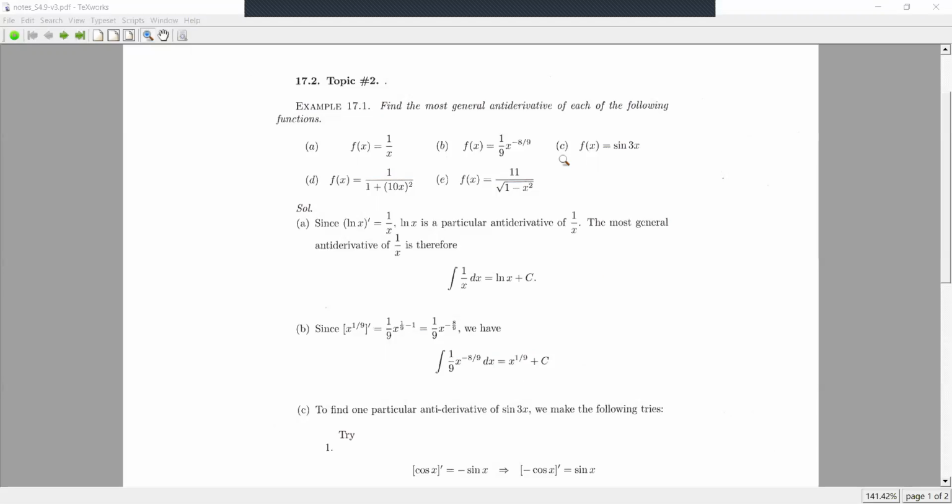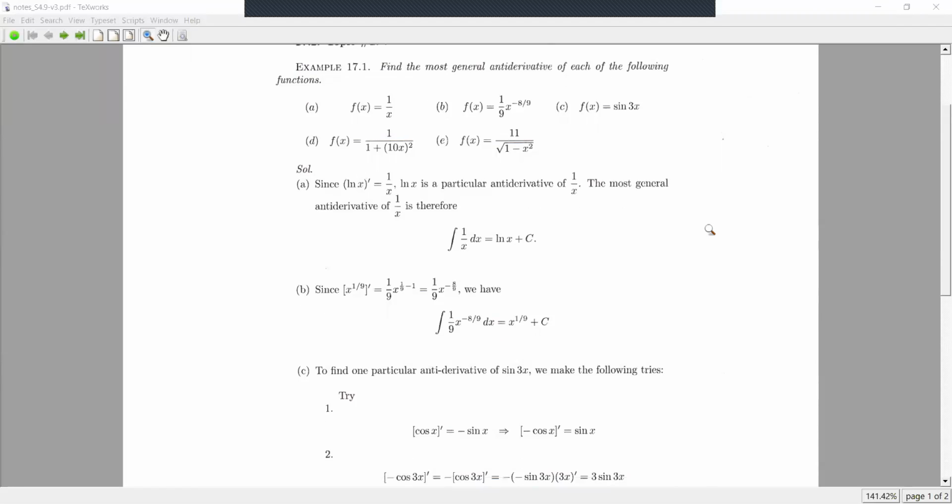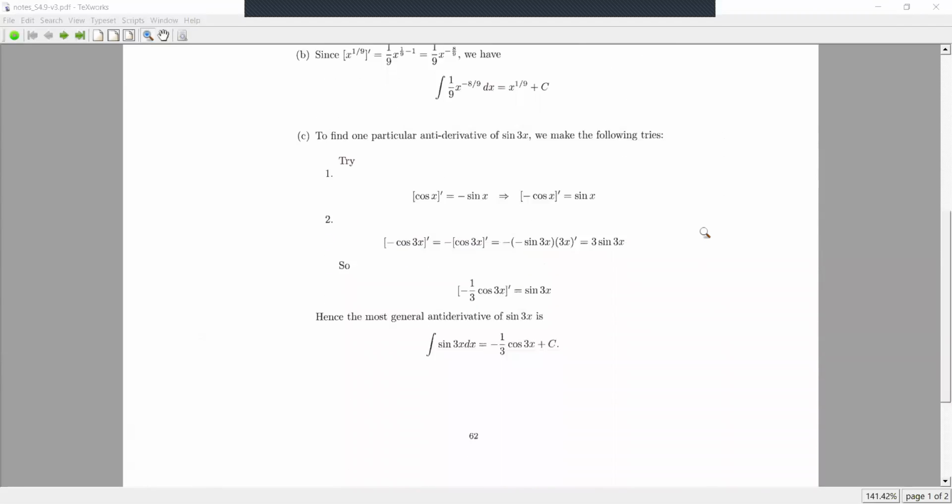Now, part C. Find the integral of the function sine of 3x. This time, it is not so straightforward to tell one antiderivative of this function. Let me make some tries.